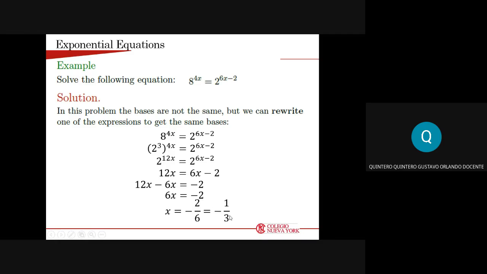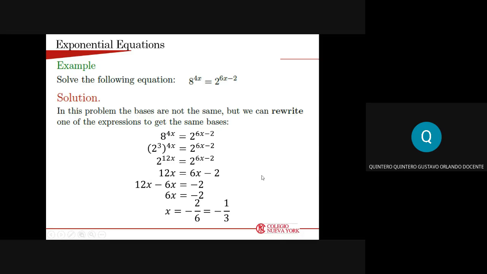Now, you can leave this as a fraction like that, or you can change it into a decimal. I recommend you leave it as a fraction. If you change it into a decimal, you could make mistakes. So let's just leave it as a fraction. Of course, make sure the fraction is in the simplest form. All right? Beautiful, guys.